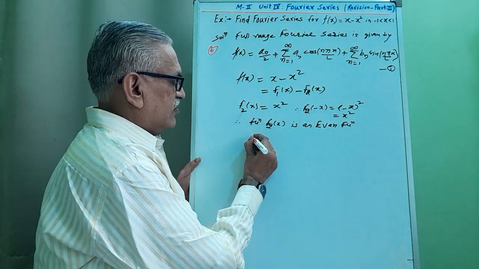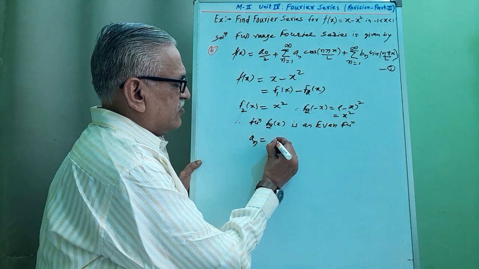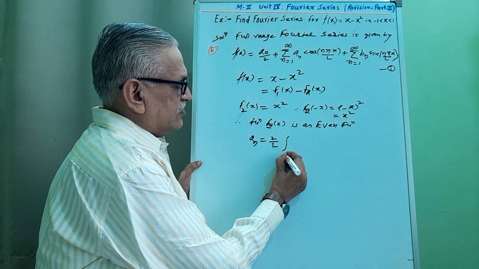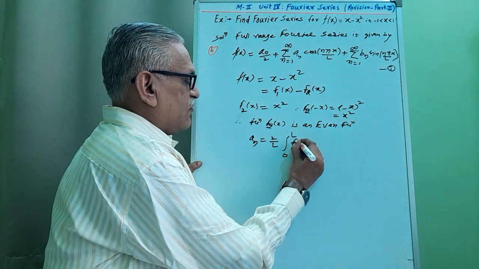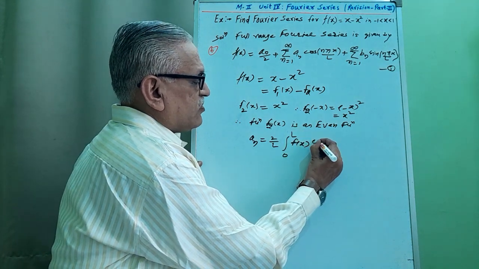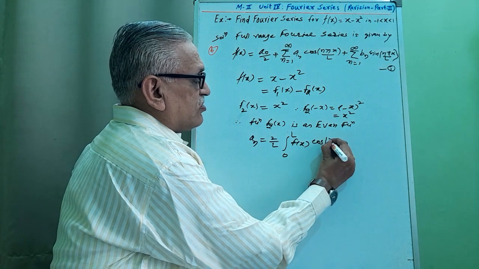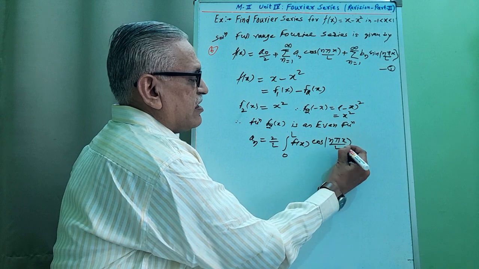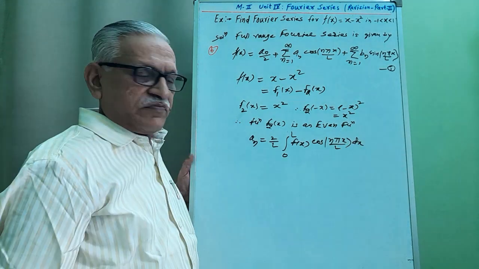Then an is given by 2 by L integration from 0 to L f of x multiplied by cos n pi x by L, and its integration with respect to x.